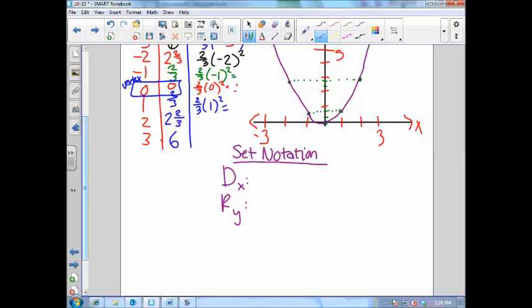Okay, so with the domain, we're looking along the x-axis. And as long as there's points above or below the x-axis, then we're still going to the left. So how far left does this graph go because of the arrows? It goes left, left, left forever, right? So it's to negative infinity. And then it goes right, right, right to positive infinity.